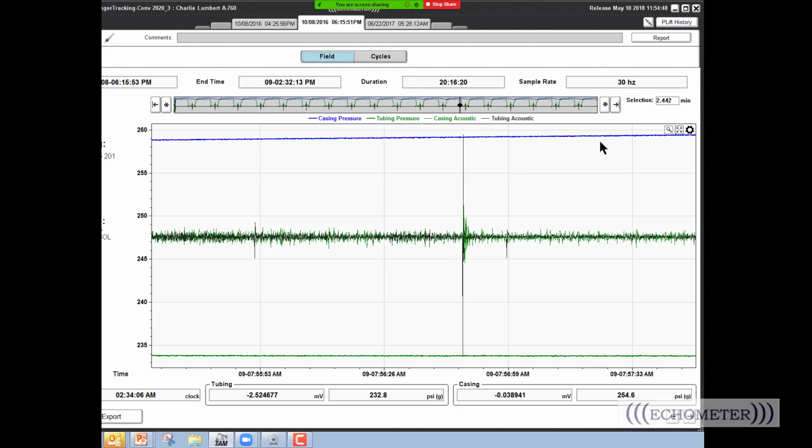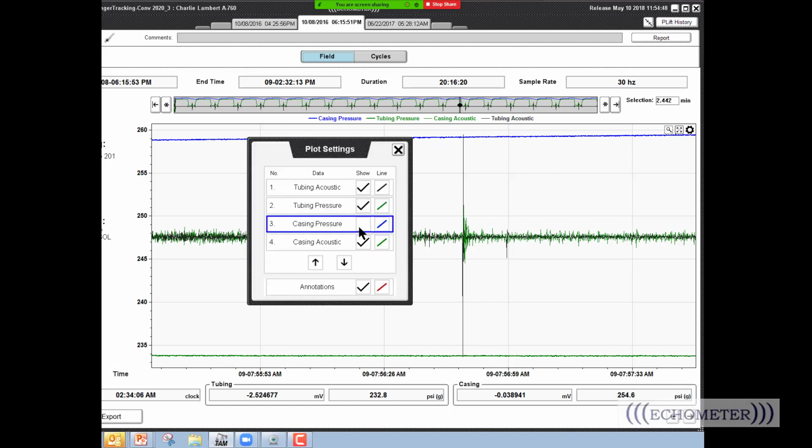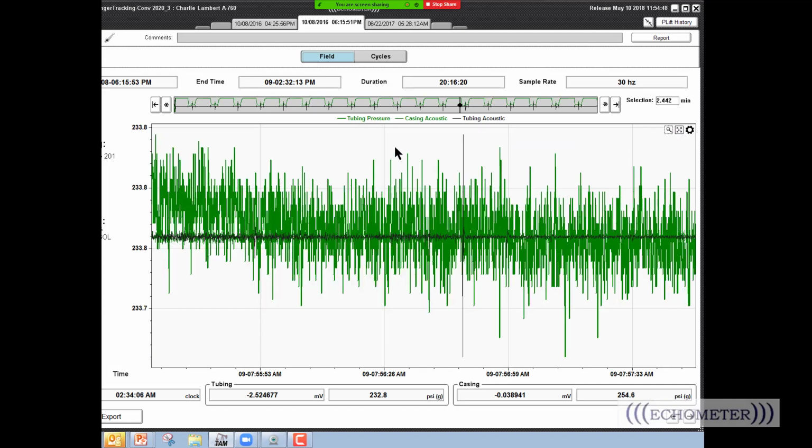And then I was hoping that if I turn off the casing pressure reading here, go into this right here and turn this off, then normally you'll see a little pressure hop. I don't see one right there, but in some of these tests on this well, I'd see a little pressure hop that would confirm that's the plunger getting on bottom.